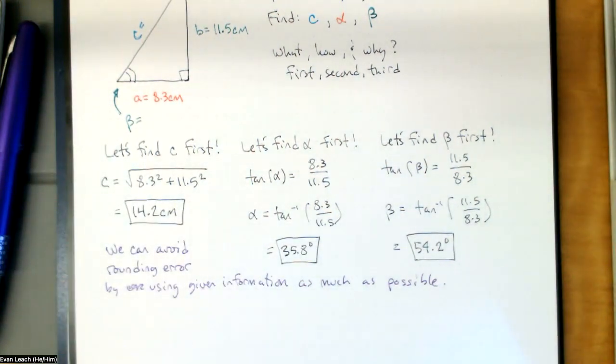We can avoid rounding error by using given information as much as possible. Note that the rounding doesn't really come into play if all we're doing is subtracting.